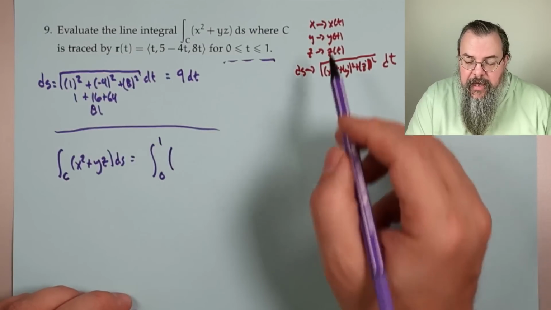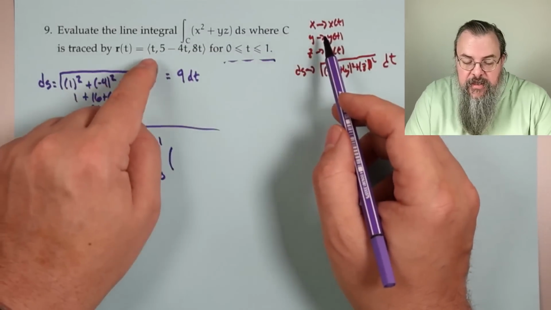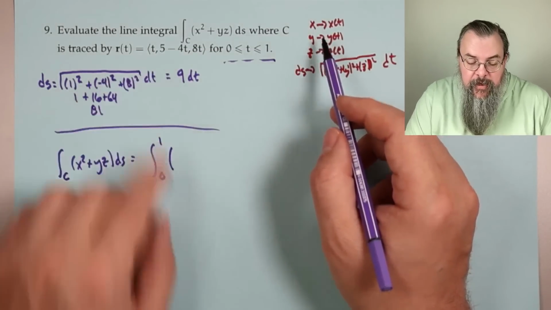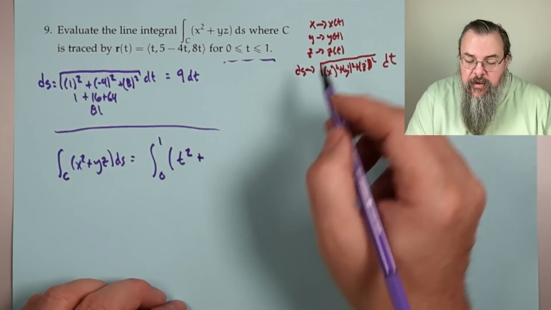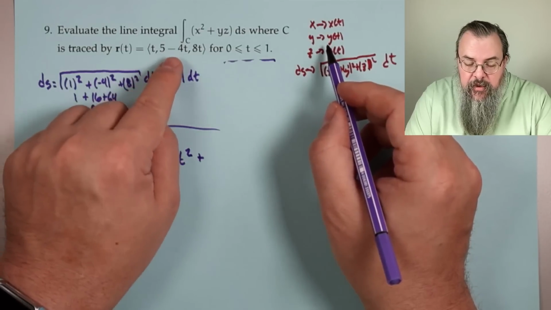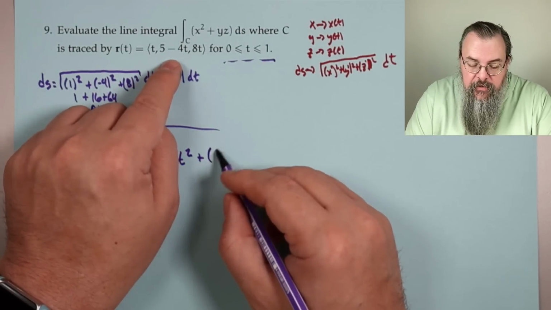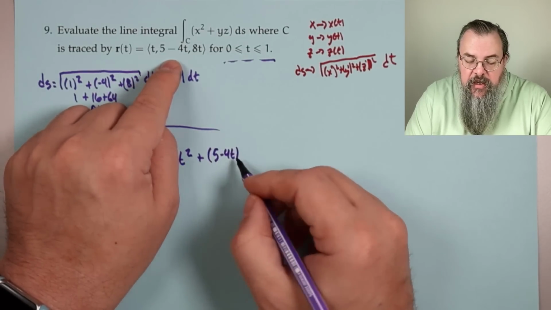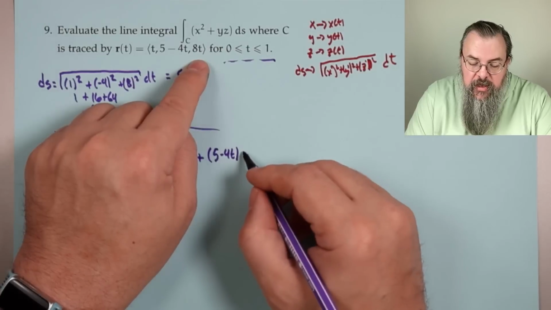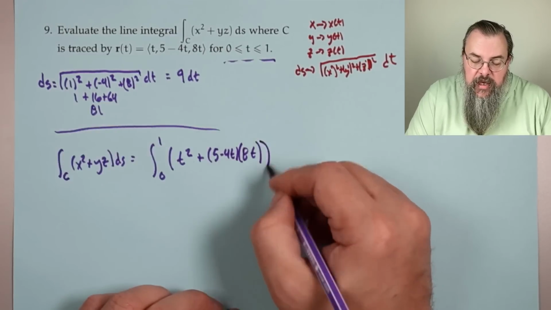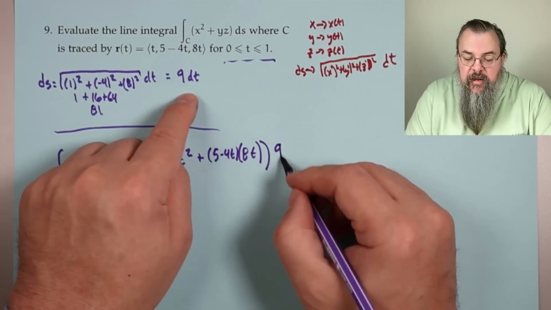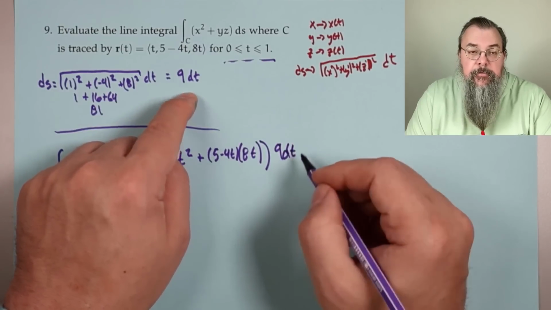Now, x becomes t. So we're going to have t squared plus y becomes y of t, 5 minus 4t. Z becomes z of t, 8t. And then our ds becomes 9 dt.